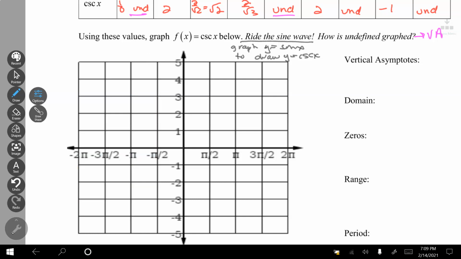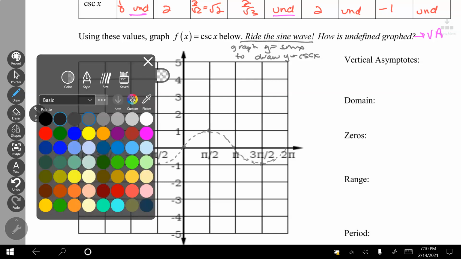So sine of x goes middle, max, middle, min, middle. And right now, in this light gray, this is the sine of x graph. Okay, and what I'm going to do is take the reciprocals of all these values. So here's a key.